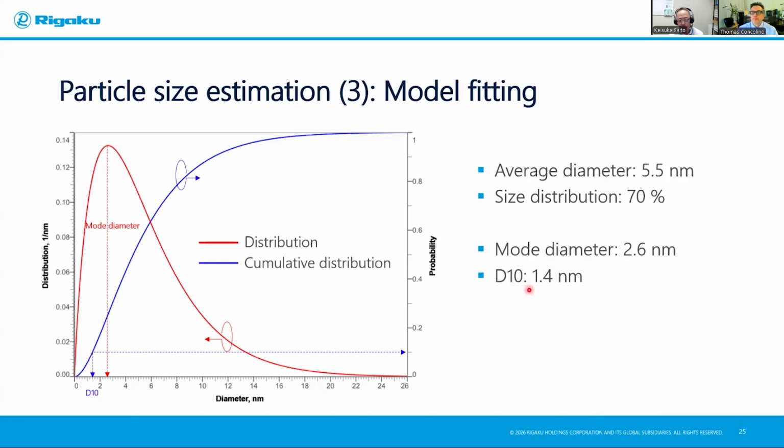We found 1.4 nanometers in this case. D50, up to 50%, is 4.6 nanometers, and 90% is 10.8 nanometers. As you see here, by model fitting you obtain extra additional information from the fitting.